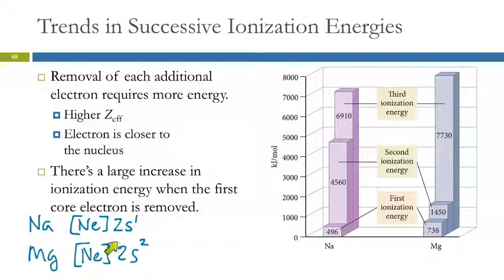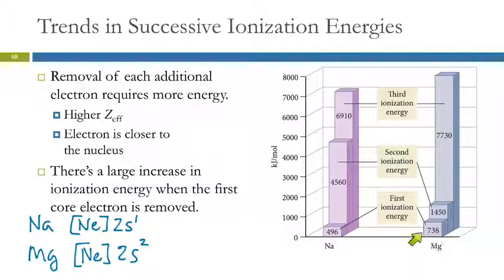So when we remove one electron from sodium, that's the valence electron. When you remove one electron from sodium, it has an electron configuration the same as a noble gas. That's what they're all kind of trying to get, right? So it's like, yay, I got there. When you try to take the second electron off, now you're screwing up the noble gas electron configuration. So it's going to be a lot harder.